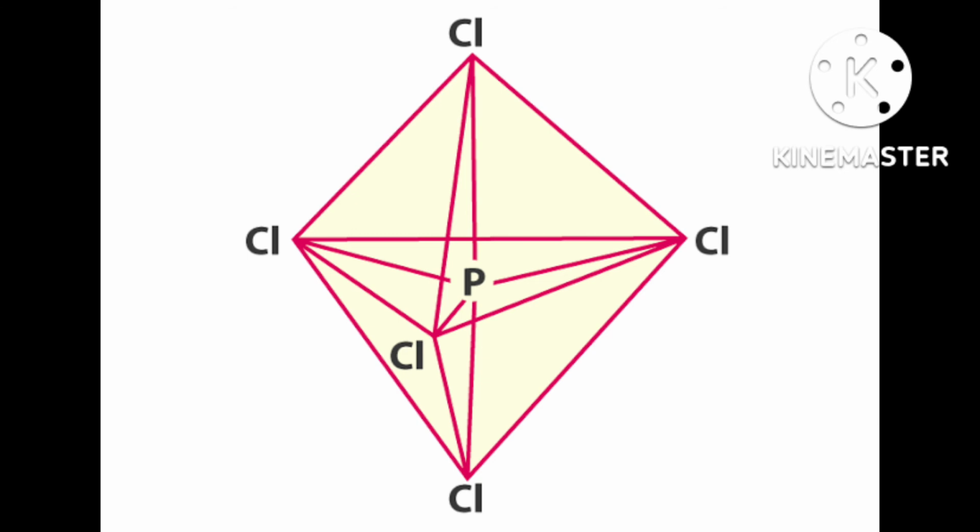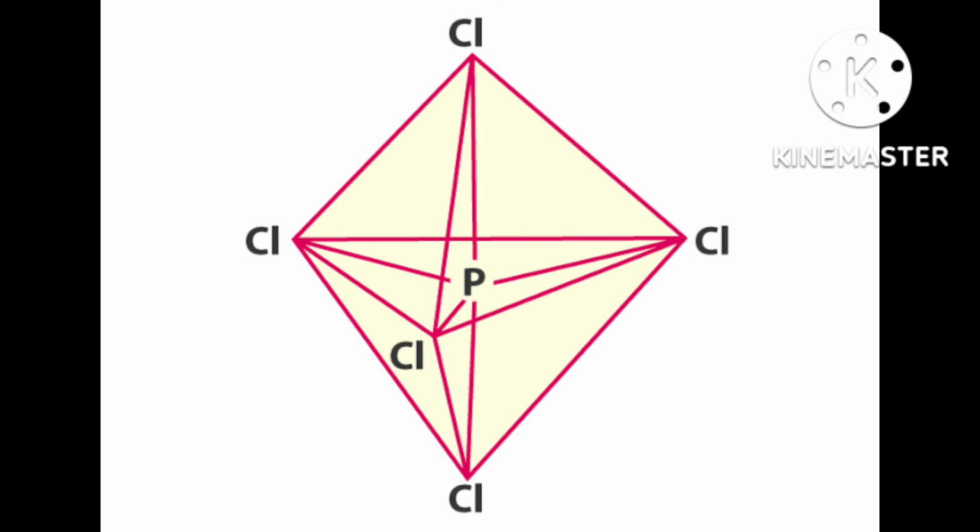Okay, that I have told you about the different types of hybridization involving d orbitals, and examples also I have given you, and the shapes also I have told you.